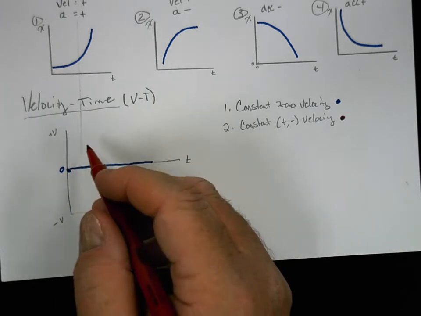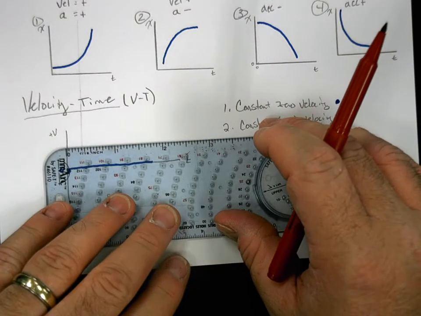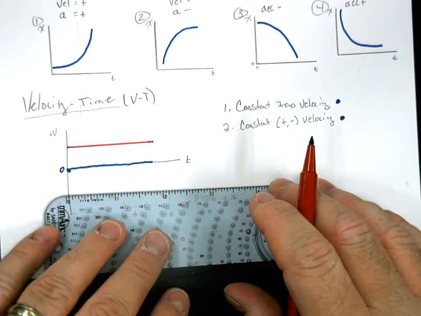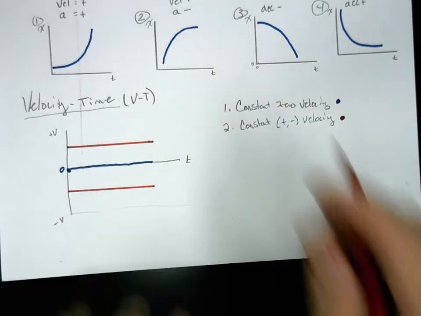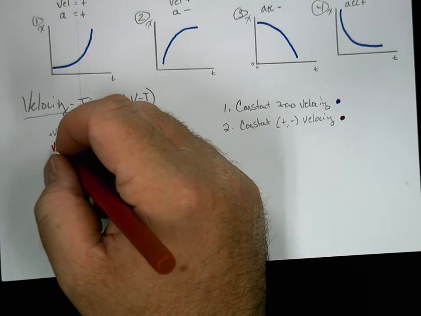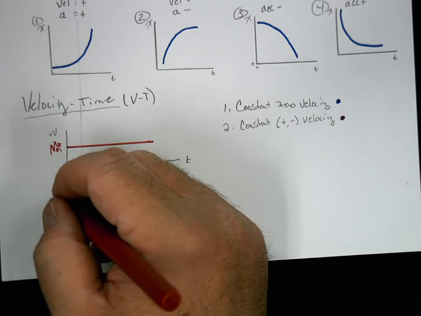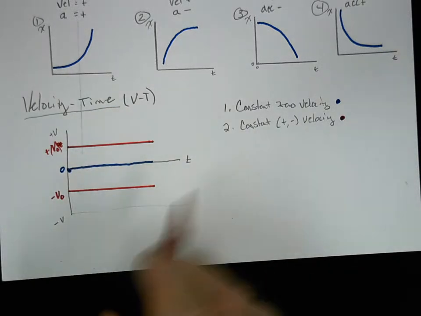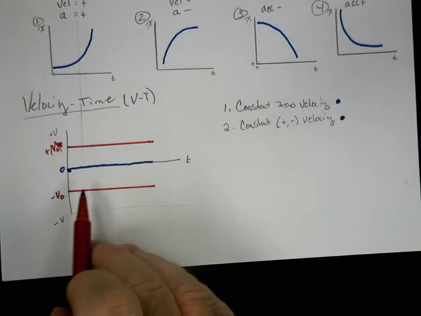And so constant is going to be another horizontal line, but in this case it's going to be above 0, or negative will be below 0. So this would be some v naught, which would be positive, and this would be some v naught, which would be negative. In fact, I want the positive over here, and so this would be a negative v naught. So both of these are staying constant over time. If we're not changing over time, then our lines are going to stay horizontal because we have a constant velocity.